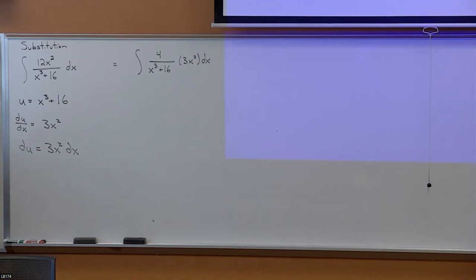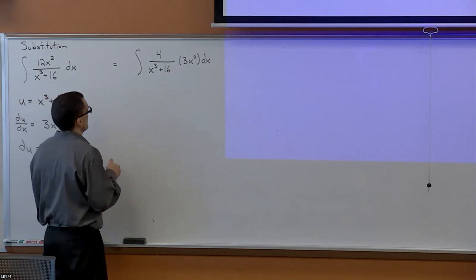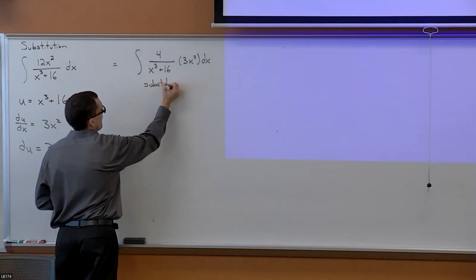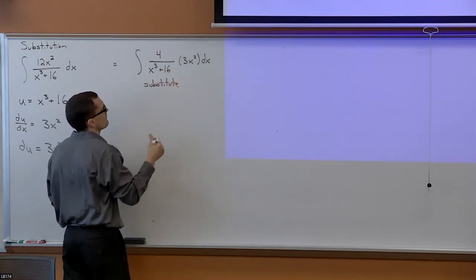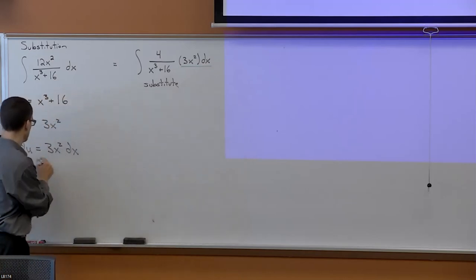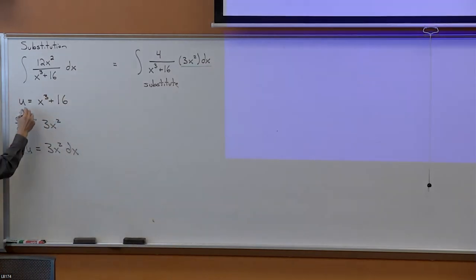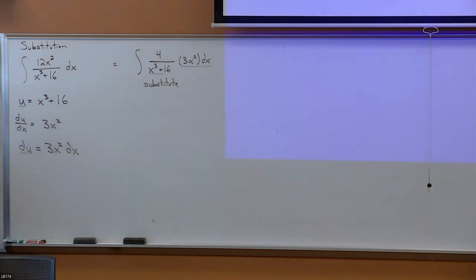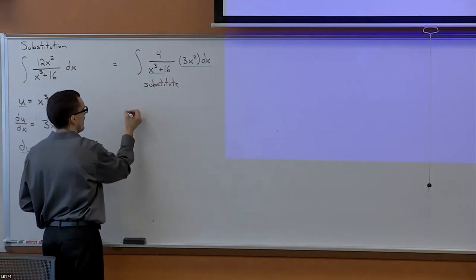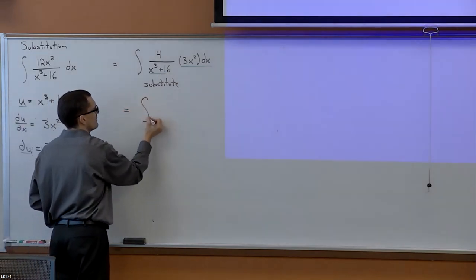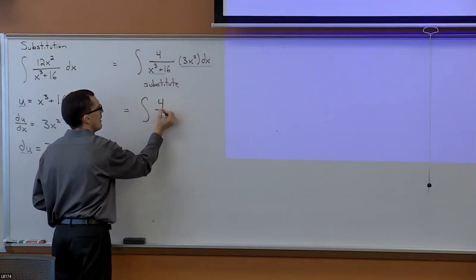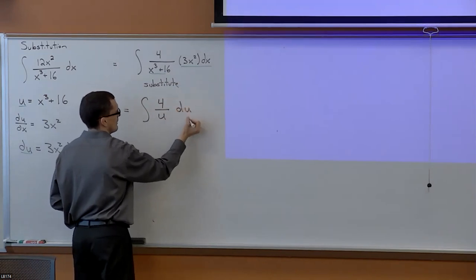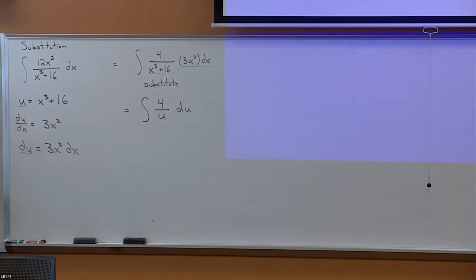Now I'm ready to do substitution. The 3x squared dx becomes a du. The x to the third plus 16 becomes the u. So that is an integration of 4 over u, integrated with respect to u.